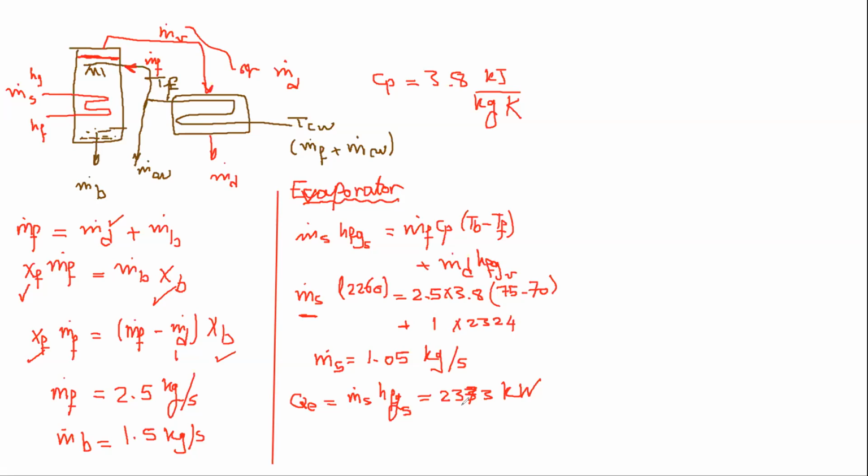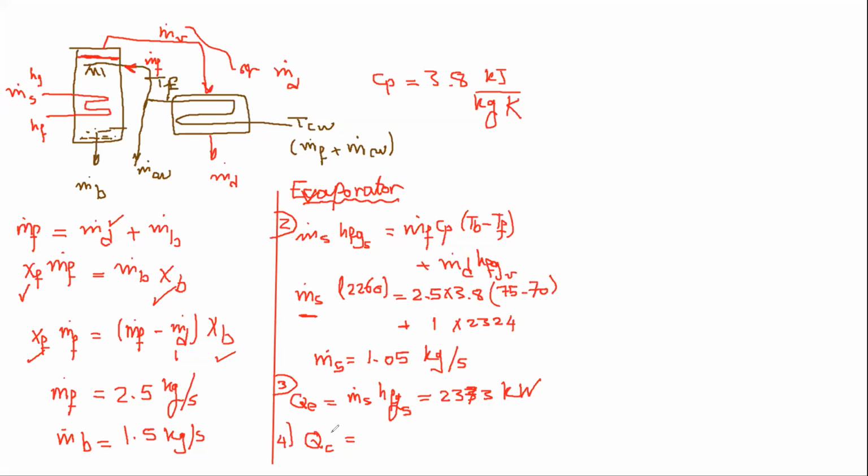So that's the third requirement of this problem. After that, the fourth requirement is looking for Q condenser. How can we get this value? What will happen in the condenser? It will heat the cold water to the feed water temperature. Yes, but we don't know the flow rate of the cold water.